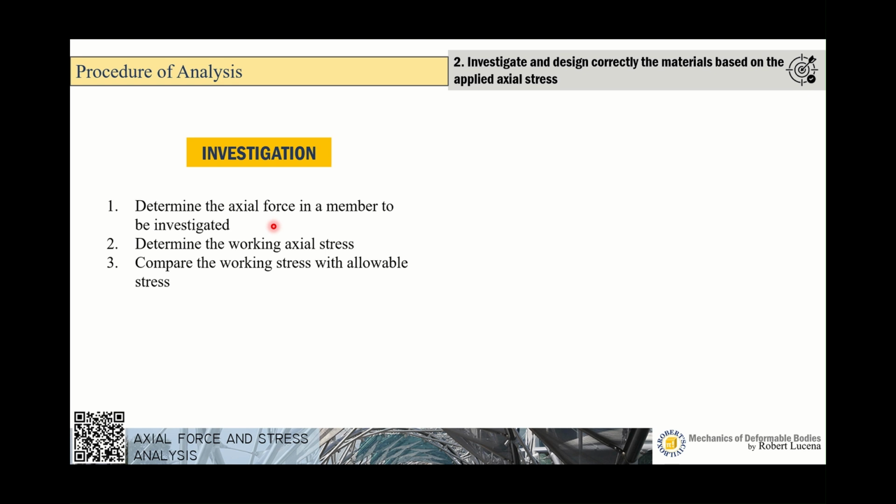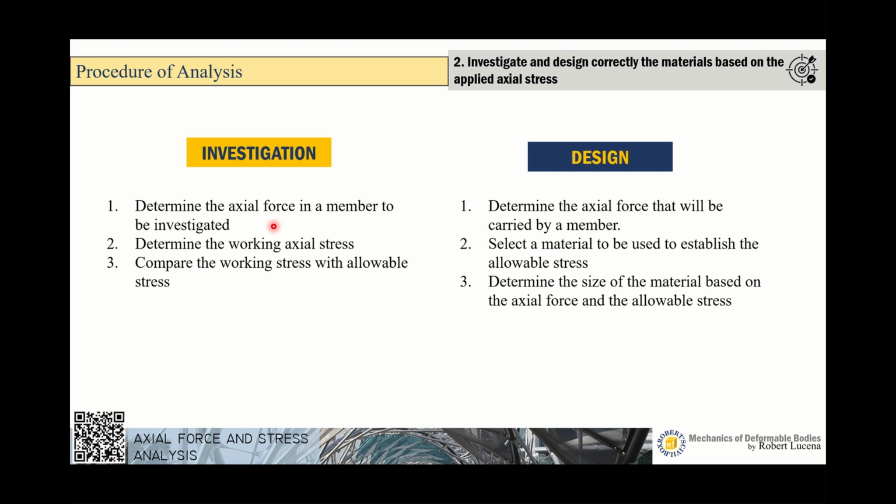Meaning we are investigating: we know the geometry of the object or the cross-section of the object, you know the internal reaction, you know the cross-sectional area, you can identify the working stress. Now, on the other hand, in designing, you identify the axial force and then you know the allowable stress of the material, but you have to design the geometry or the size of the material.